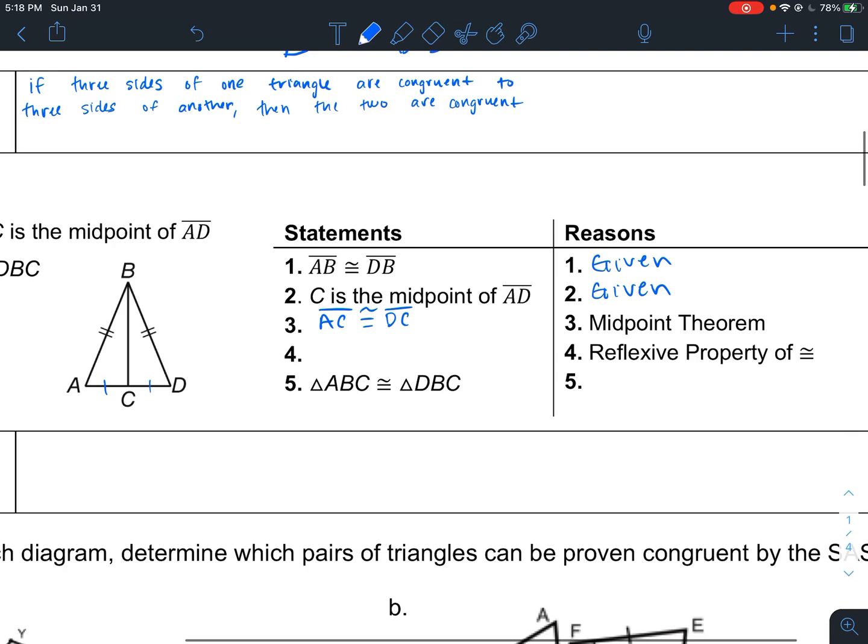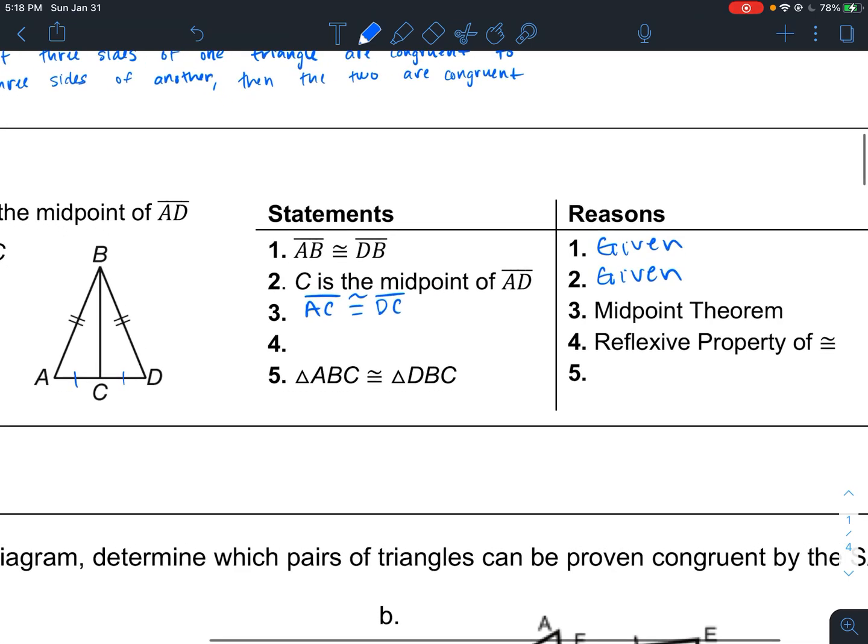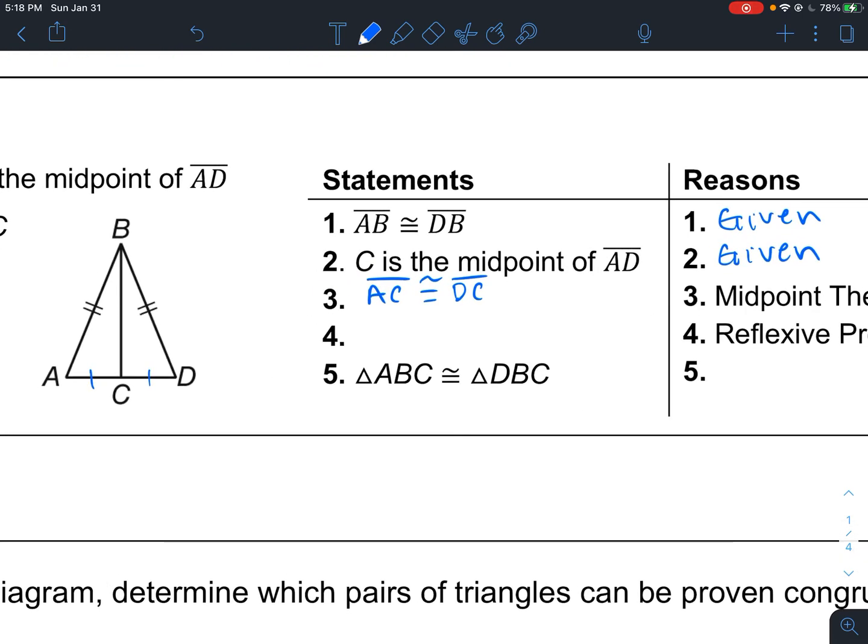Now the reflexive property. We talked about the reflexive property in part A, but this line right here, BC, is a shared line. And by the reflexive property, we can conclude that BC is congruent with BC. Okay.